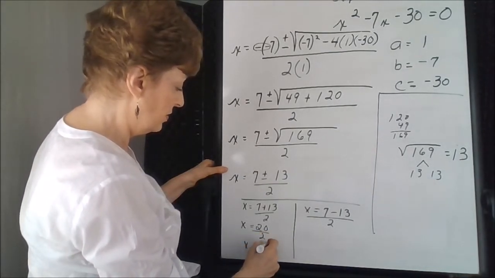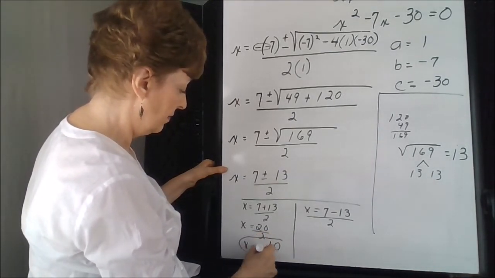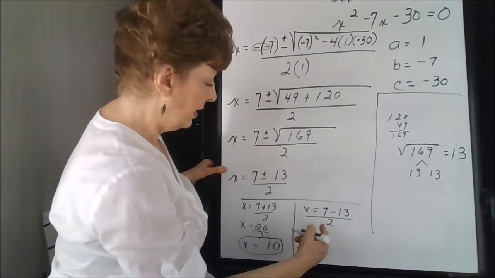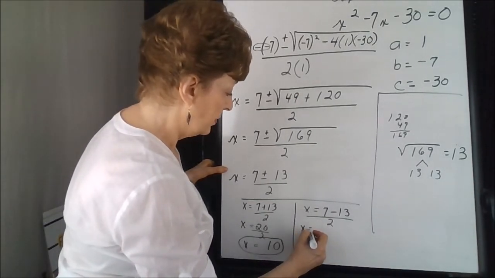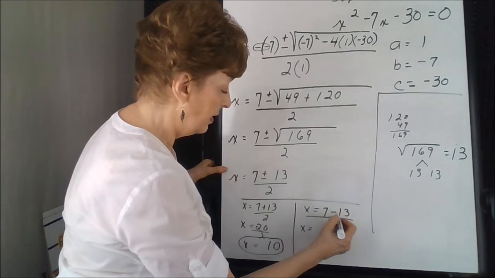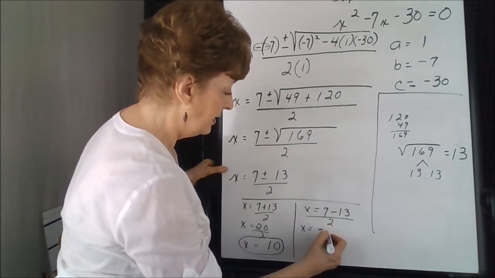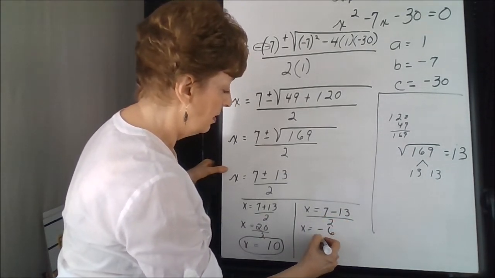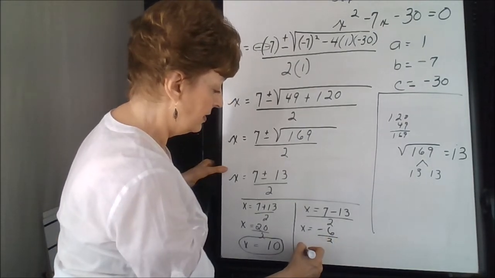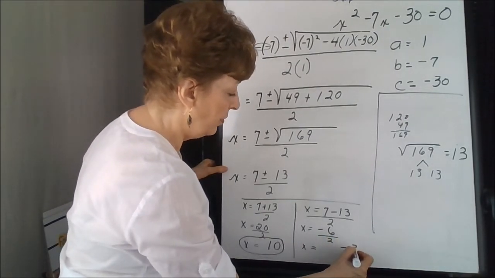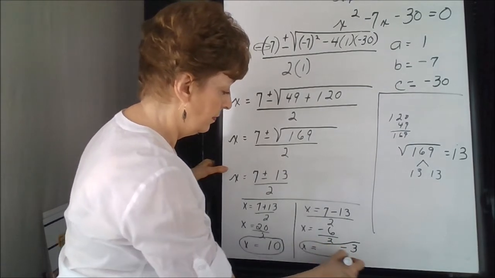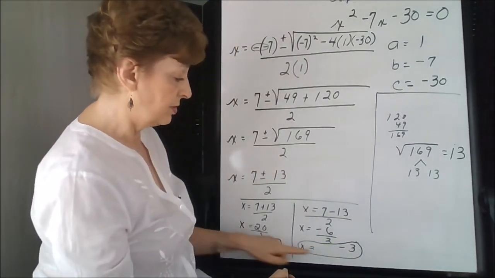X is equal to 10. Over here, X is equal to 7 minus 13 is -6 over 2. X is equal to -3. And those are our 2 answers.